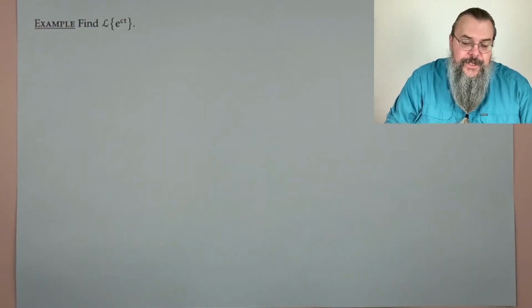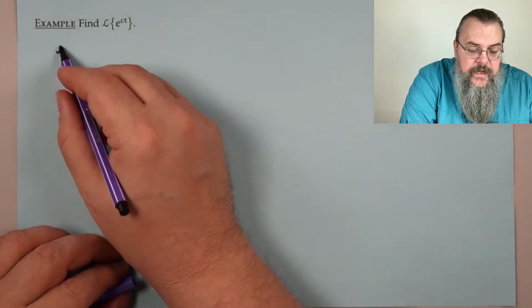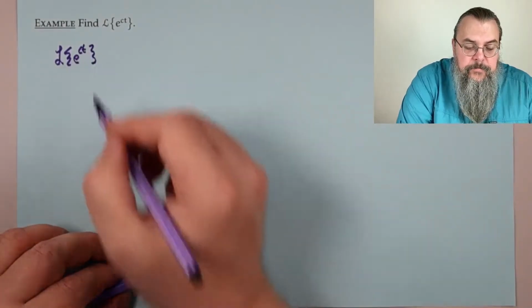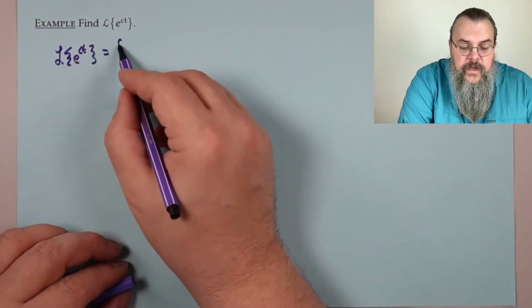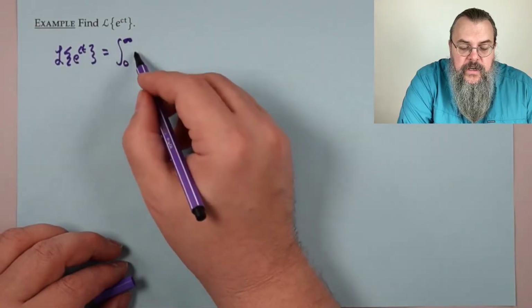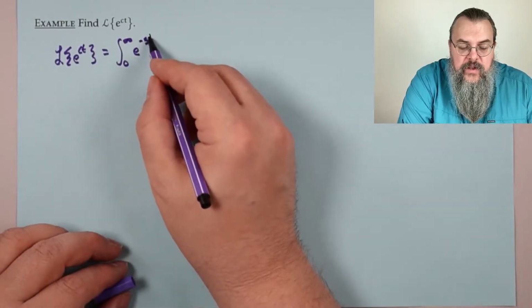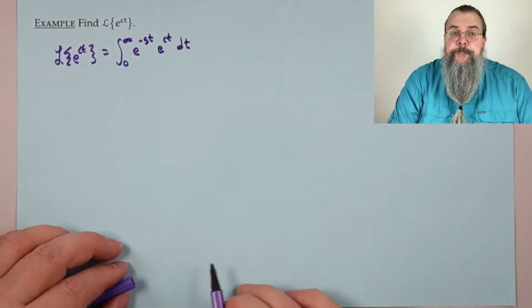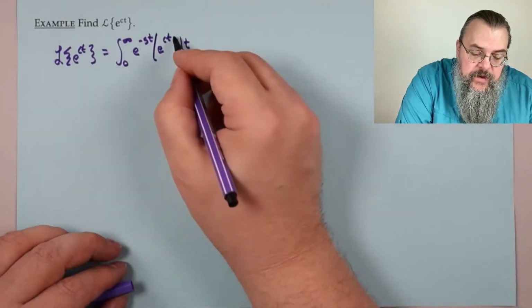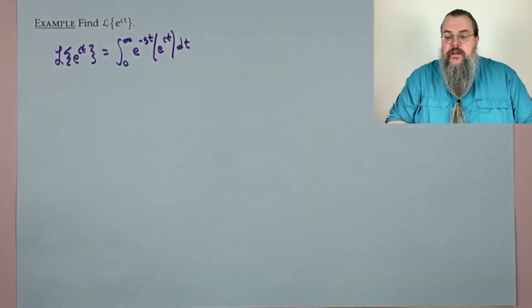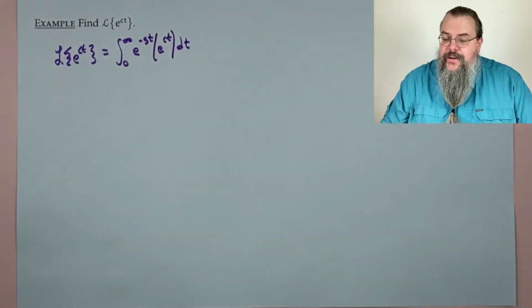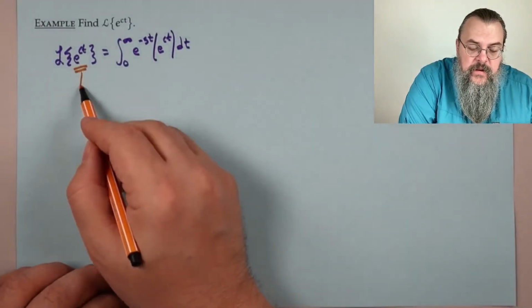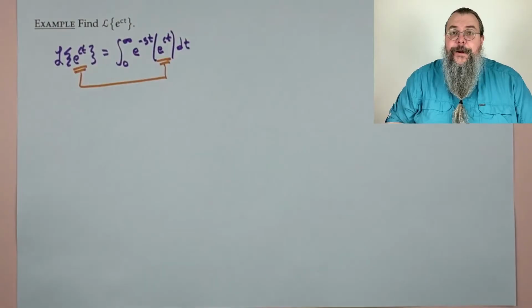So we say, all right, that's no problem for us. We know our definition. So by our definition, the Laplace transform of e to the ct is the integral 0 to infinity of e to the minus st e to the ct dt. Now I just want to emphasize what's going on here is that we're plugging in our e to the ct. So that's coming into there.